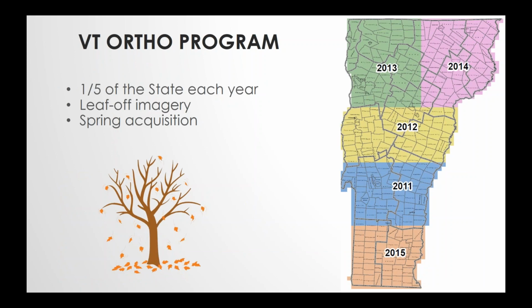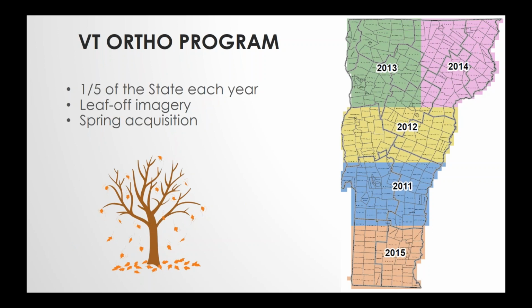The program has really, from its inception, been based on acquisition of approximately 1/5 of the state each year. There's certain cycles where that has varied. Sometimes it has varied because of funding limitations. Sometimes it has varied because of limitations on any given year because of acquisition conditions.